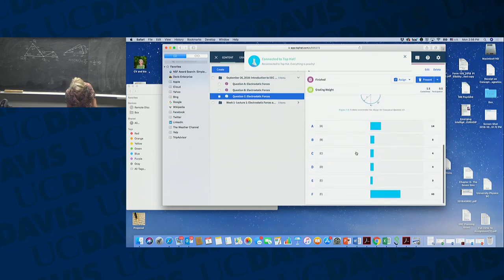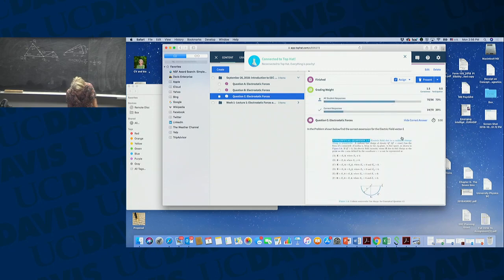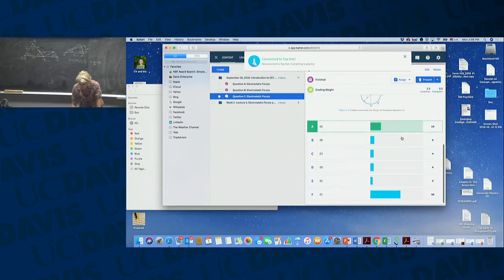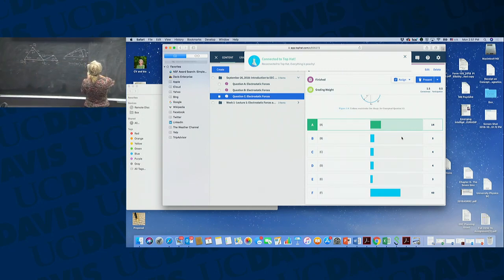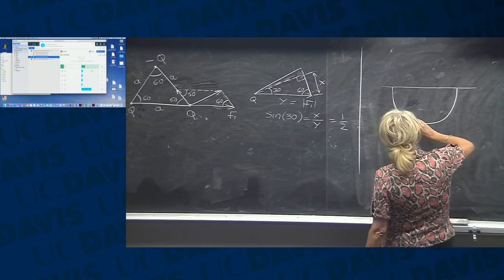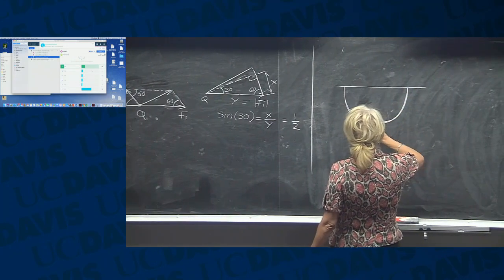Remember this one? The right answer was this one, the first one. What was that problem? This problem gave a charge that was equally distributed on the periphery of this semicircle.